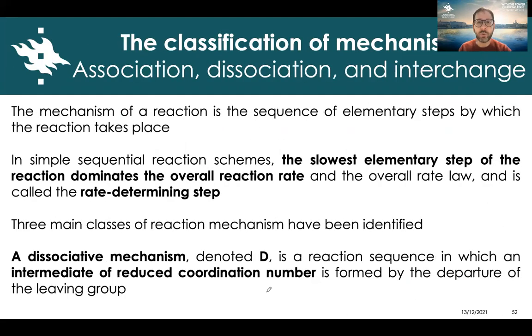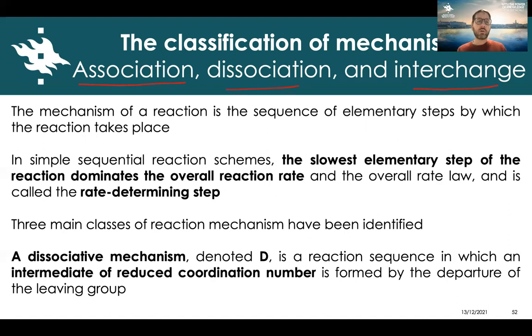And then these ligand substitution reactions can have different kinds of mechanisms. For coordination compounds, we can have three different types of mechanisms. They can be classified as association, dissociation, and interchange.